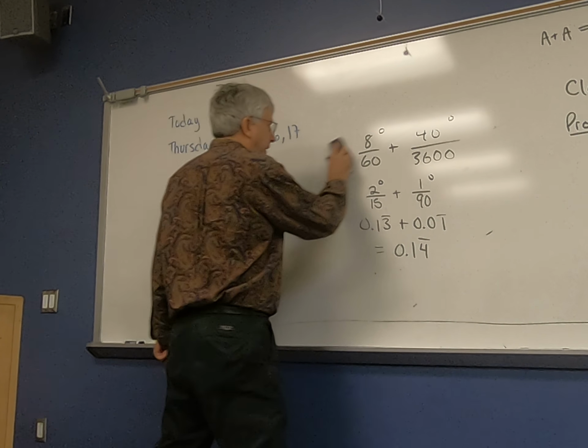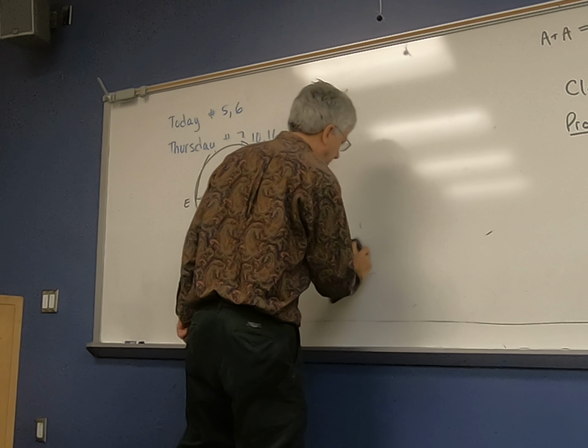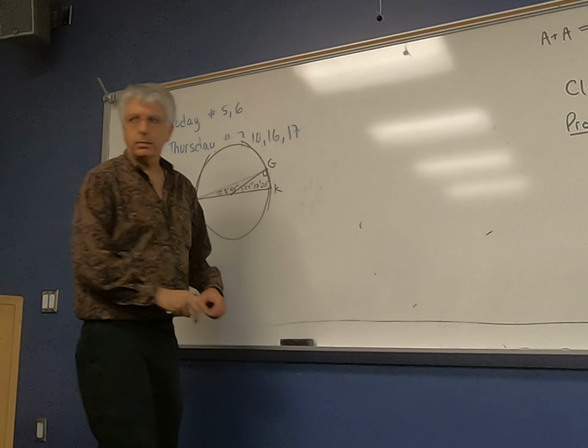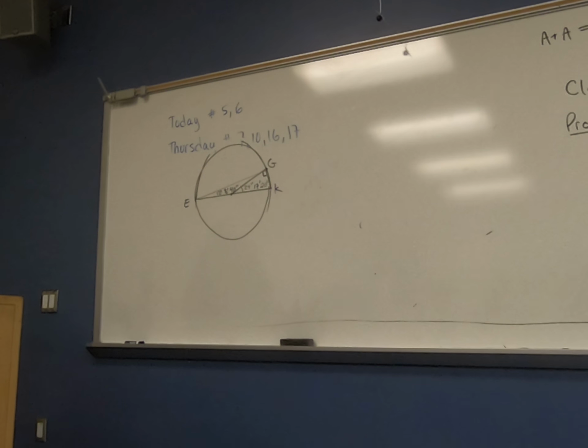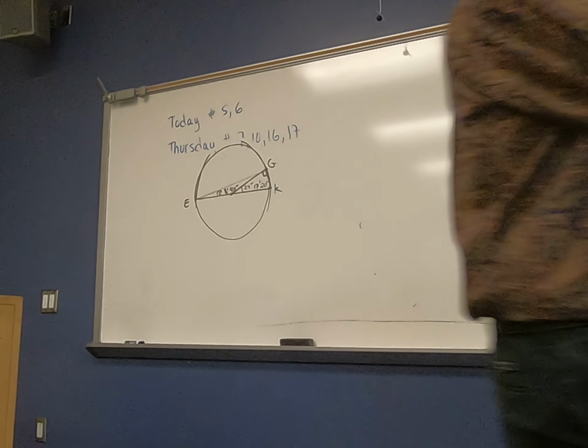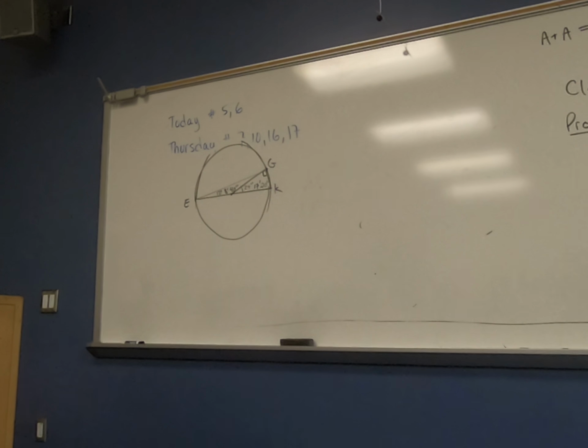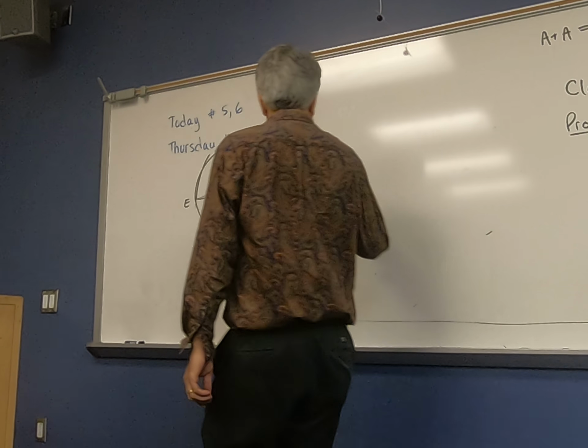So how do we get that arc? Sorry, that chord. So remind me again what I'm doing. GK? Yeah. We want to explain why arc GK. Oh, well, arc GK, that's easy, right?